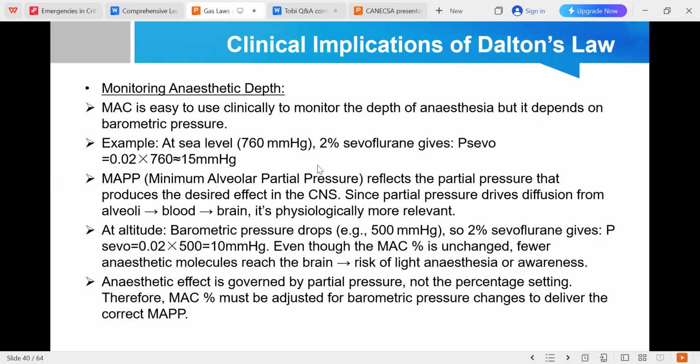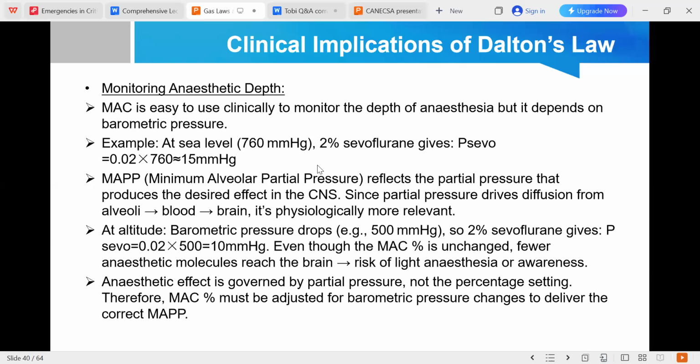But we realize that at high altitude, where the barometric pressure has dropped, the partial pressure of sevoflurane you are giving will be 10. Although the minimum alveolar concentration has not changed, you realize that fewer molecules of sevoflurane get to the brain, and this may portend the risk of awareness.